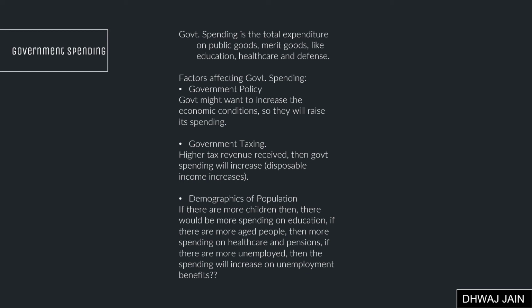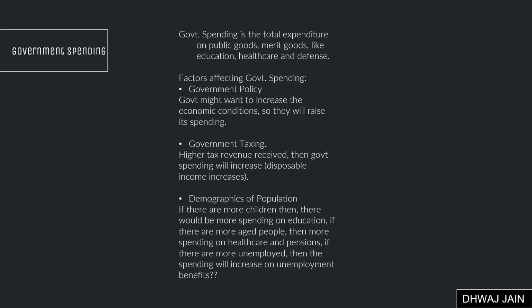So the government spending on each country would differ. For example, if 1% of government spending goes to 1% of people who are unemployed, or who are children, or who are aged, then country X would have to spend 50% of its government spending just to provide education to students.